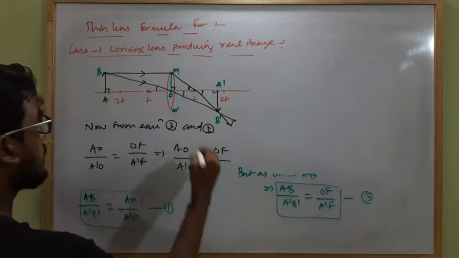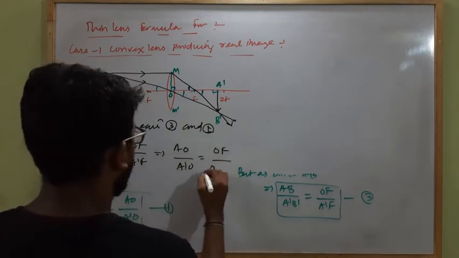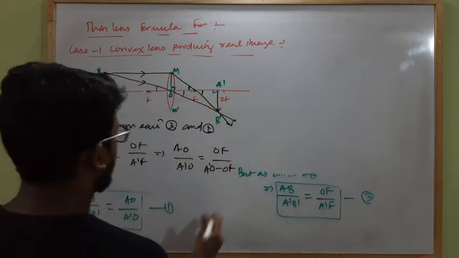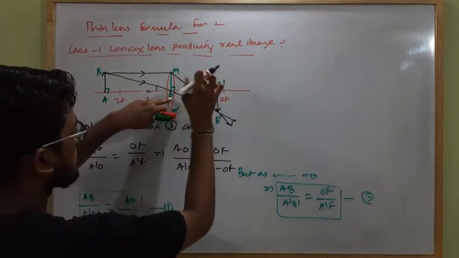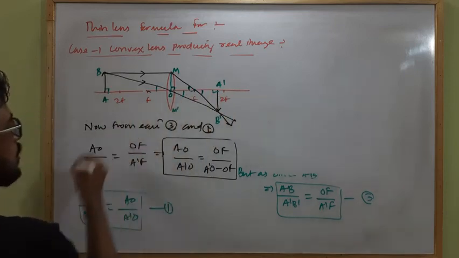The A'F can be written as A'O minus OF. Clear? So what is OA?